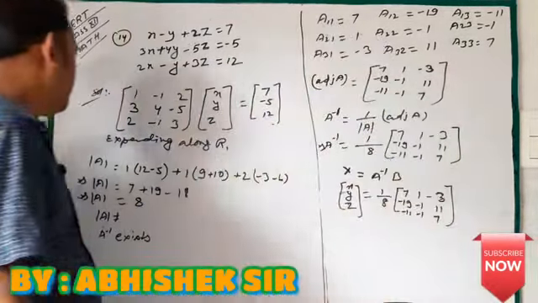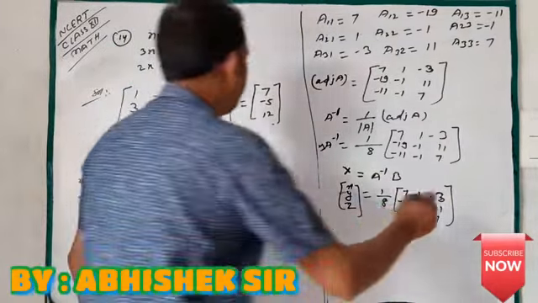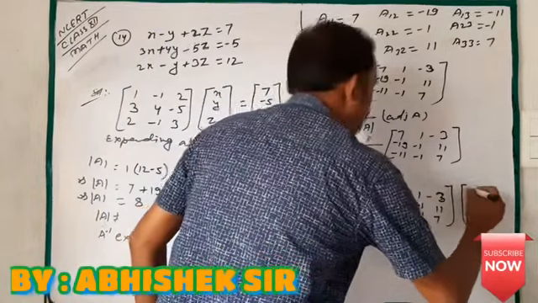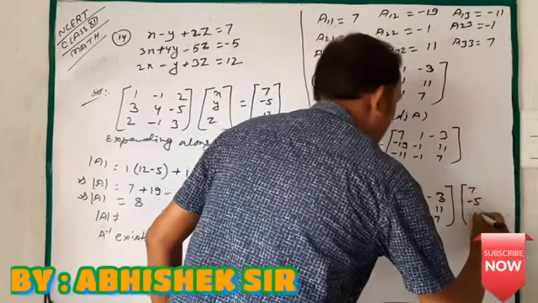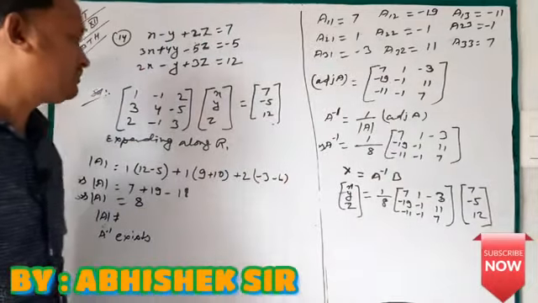What is our matrix B? Here is matrix B: 7, minus 5, 12. This is matrix B.